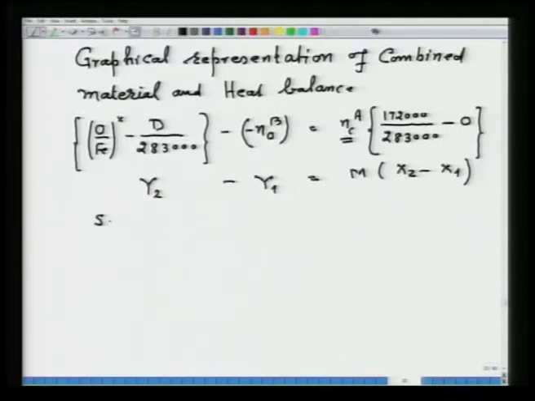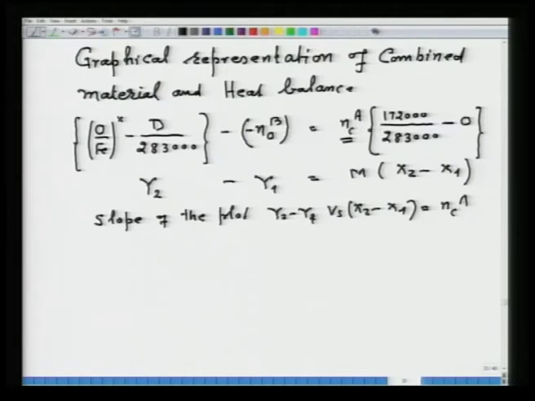So, the slope of the plot, y2 minus y1 versus x2 minus x1, will be equal to NCA, and from NCA I can determine the value of active carbon and all other variables.